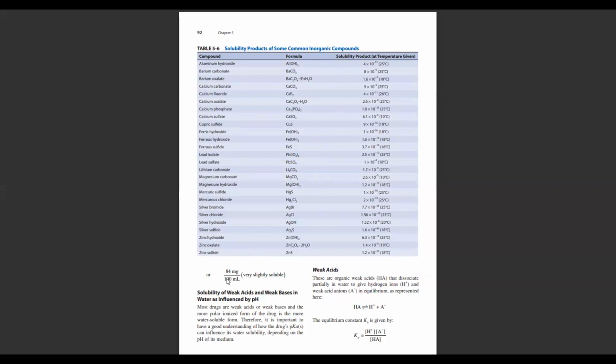So let's look at solubility of weak acids and weak bases in water as influenced by pH. As we know, most drugs usually are either weak acids or weak bases. And usually the more polar, ionized form the drug is, the more water soluble.